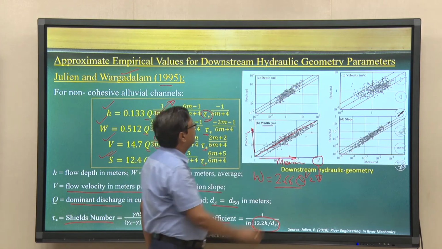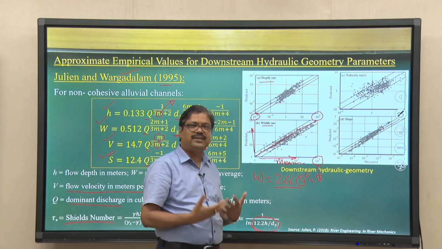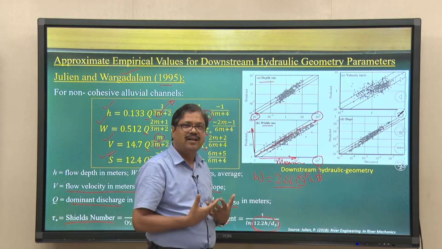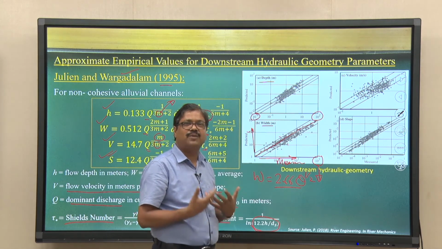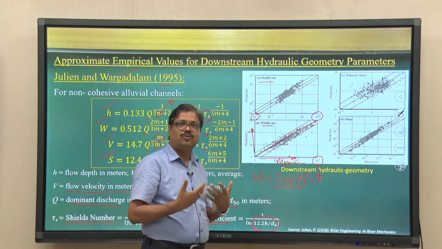The same way flow depth, which varies from 10 to the power minus 2 to 10 to the power 2, 100 meters. Okay. Whenever you see data in a river case, please try to interpret it, then you can gain interesting knowledge about the rivers. The river speaks out the truth through this data.